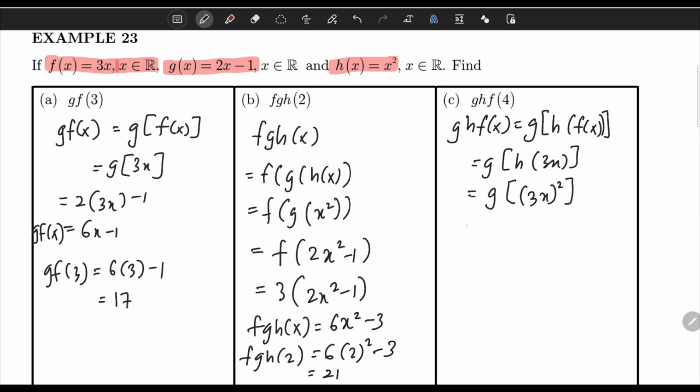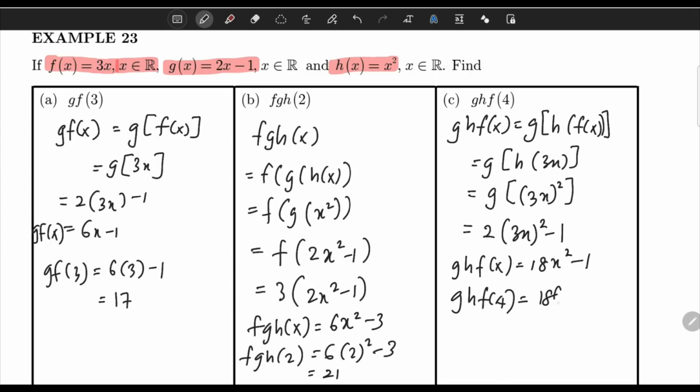So then substitute into g. So we have 2 times 3x squared minus 1. So ghf of x, that will be 3 squared 9, 9 times 2 is 18x squared minus 1. So substitute 4. So ghf 4. So 18 times 4 squared minus 1. So we get 287.